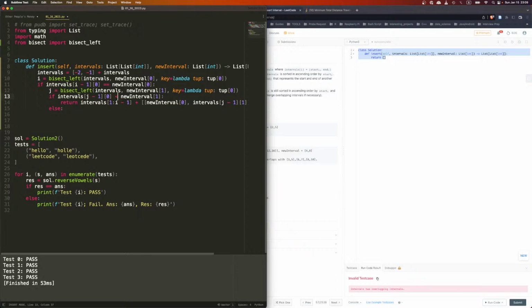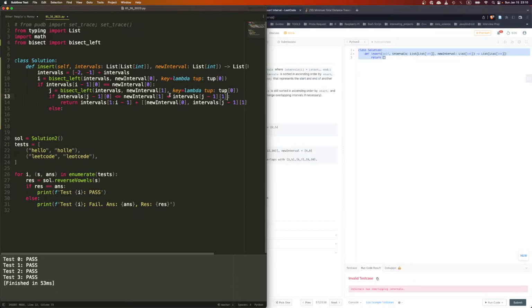So if this is smaller equal to, and it's ending here in between the two, smaller than intervals J minus 1, 1, right, if it's in between the two, then we use this. Perfect. Now what if it's equal to this? Equal to this is the same, right?